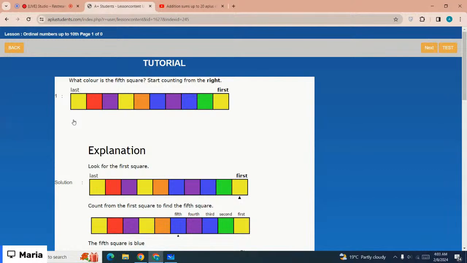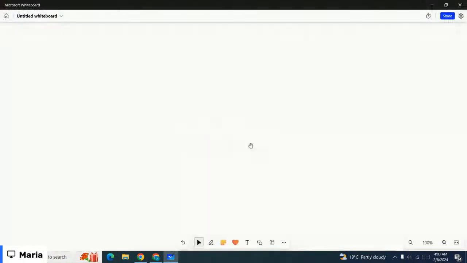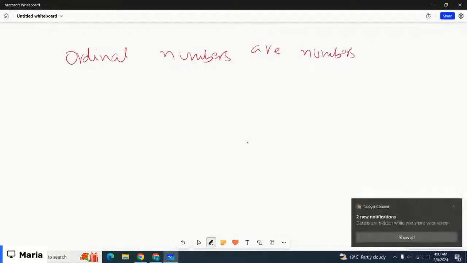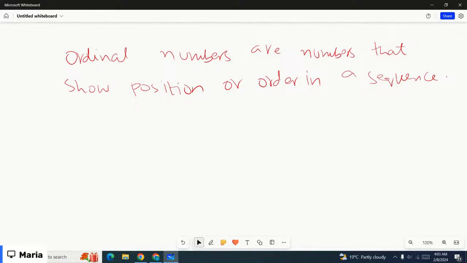You can note down the definition: ordinal numbers are numbers that show position or order in a sequence. Basically, ordinal numbers tell you the sequence of a number.